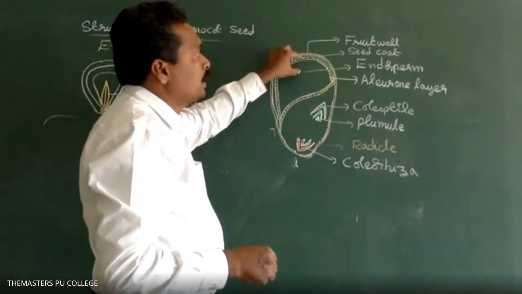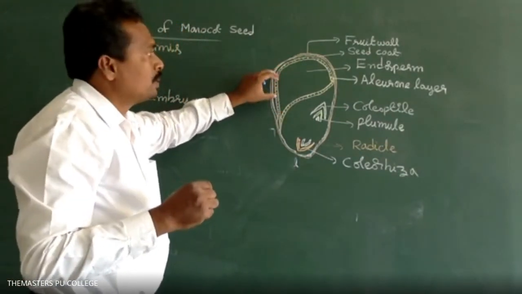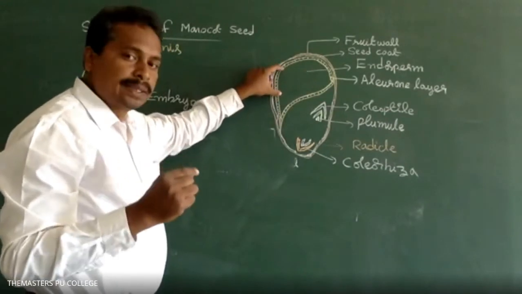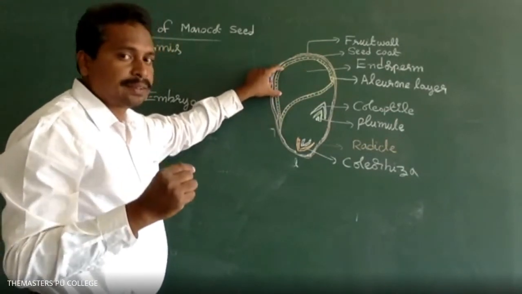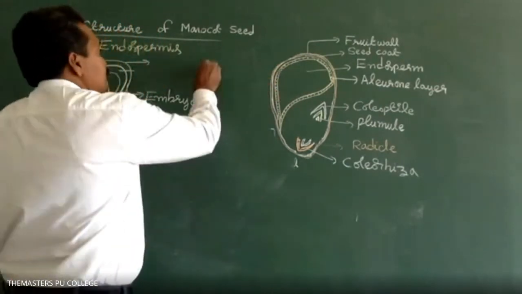Okay. So here the seed consists of a large amount of endosperm tissue. Rice, wheat and maize are monocotyledonous seeds, cereals.